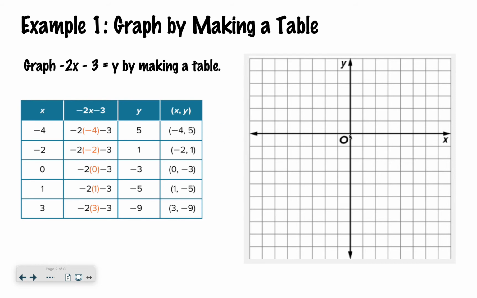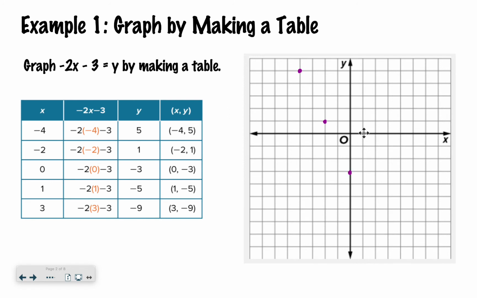So negative 4, 5 means I go left 4, and then I go up 5. So here's my first point. Negative 2 means I go left 2. 1 means I go up 1. 0 means I don't go left or right. And then negative 3 means I go down 3.